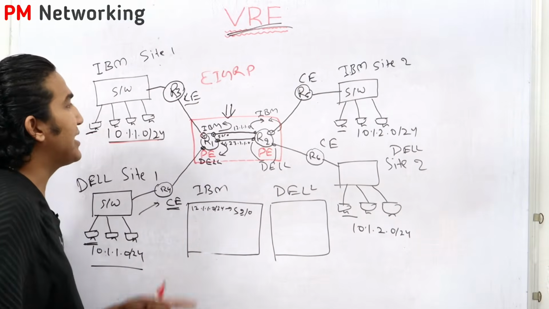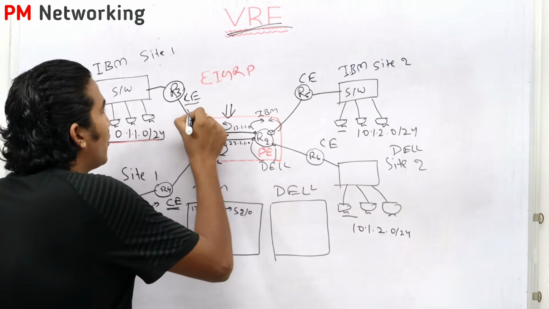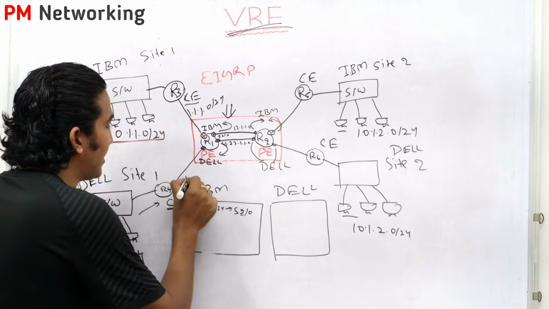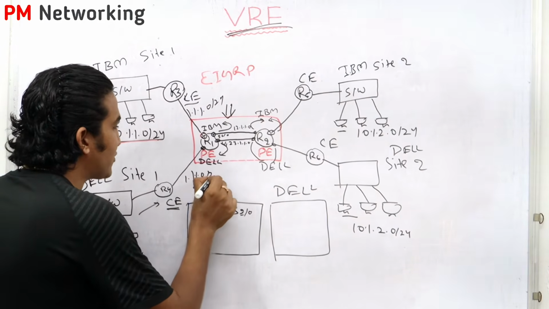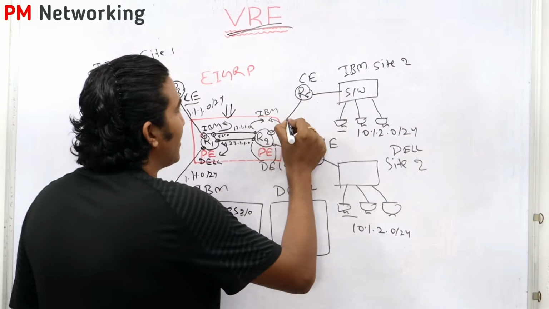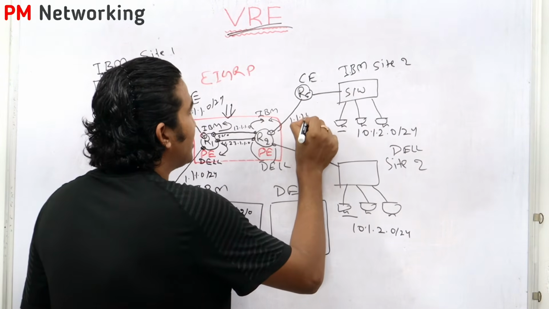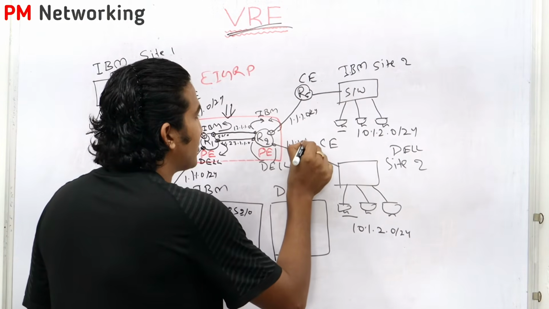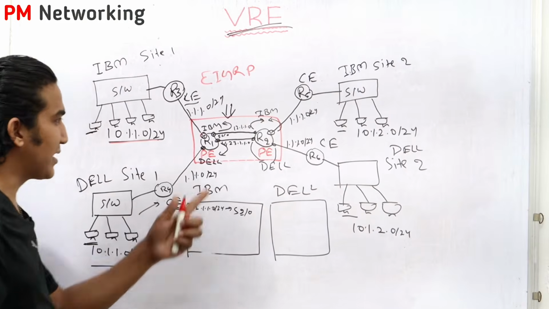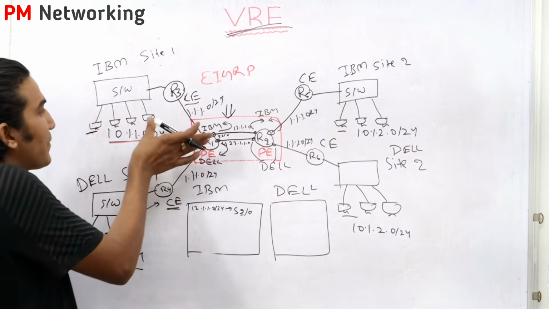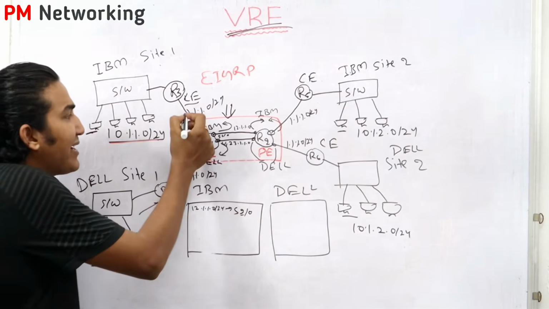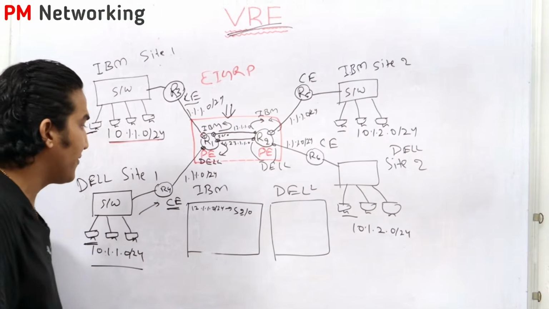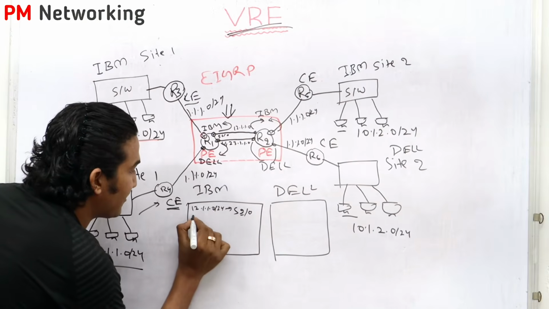Let's say between customer edge and provider edge I am using the 1.1.1.0/24 network. Here also 1.1.1.0/24, here again 1.1.1.0/24, and here 1.1.1.0/24. Getting my point? I can use the same network on these interfaces because now they belong to different VRFs. So there will be information of this network also.